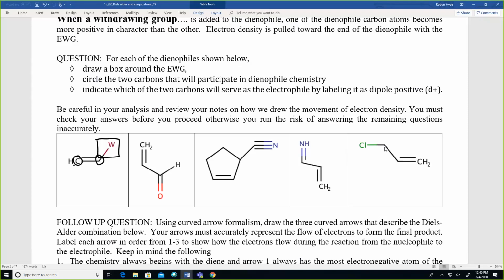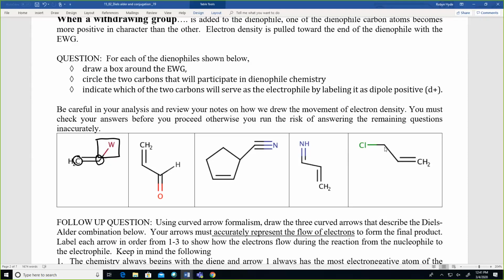So there should be no arrows with the withdrawing group. This is going to make more sense as you start practicing mechanisms. I know that the dienophile is my electrophile, but now my dienophile is not symmetric. So we have to figure out which of those two carbons is the most dipole positive.